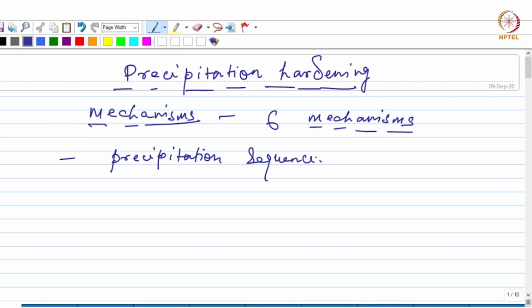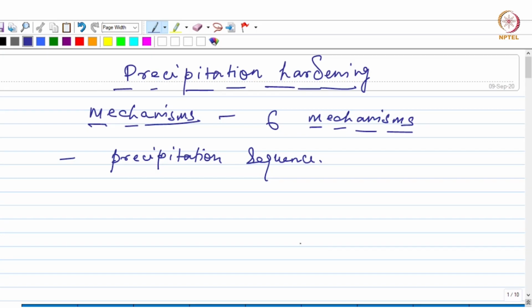For a particular age hardenable alloy, there is a particular sequence in which the precipitation occurs, and we actually discussed one of them, taking the example of aluminium copper. We have seen that it goes through a sequence which includes 3 intermediate phases before the equilibrium phase theta forms.